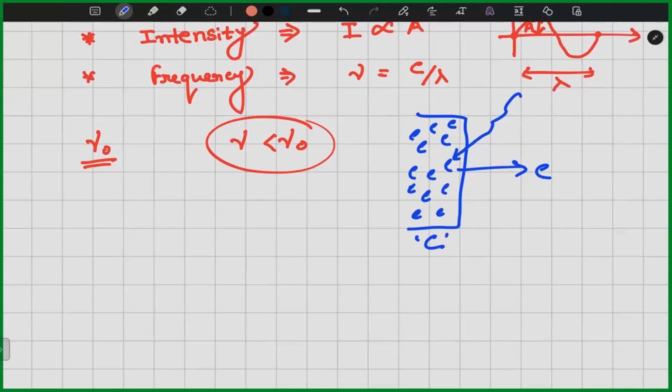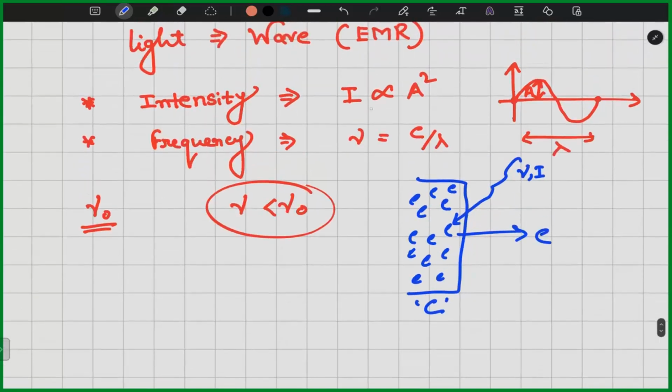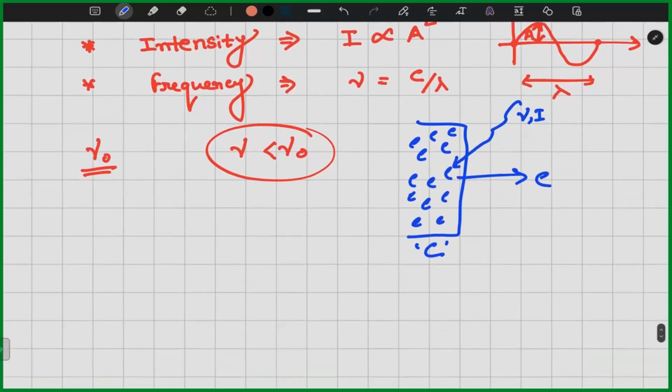Now, these electrons may be tightly bound or loosely bound, that does not matter. But there is some frequency and intensity of the light. Here we can see that intensity is directly proportional to the amplitude squared. If light is irradiated on the metal, it gives energy to the electron.